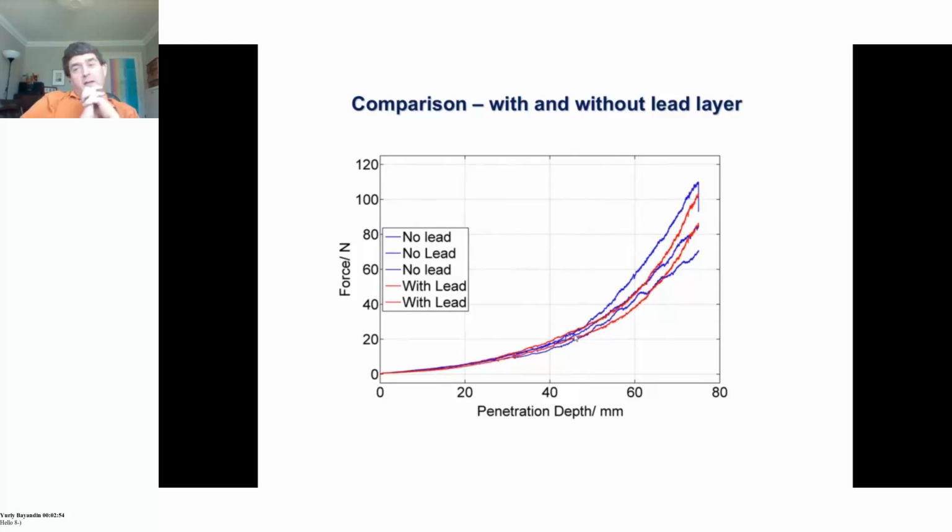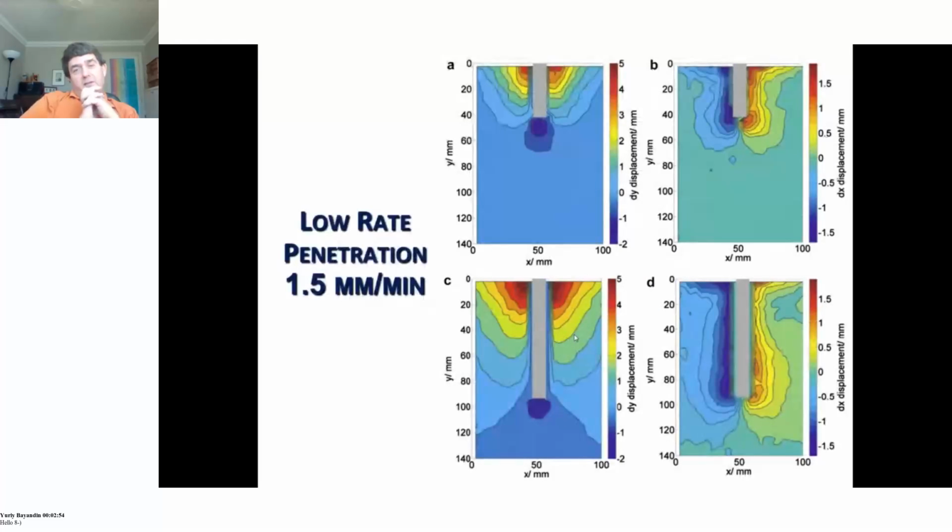And the significance doesn't really change much with the presence or absence of lead. So looking at the X and Y displacements, we can see here low rate penetration. So we've got the vertical, we've got the motion of the system in the vertical direction. So we see some motion upwards in the sample in the sand as we push the cylinder in.